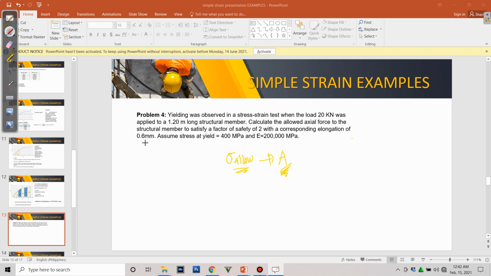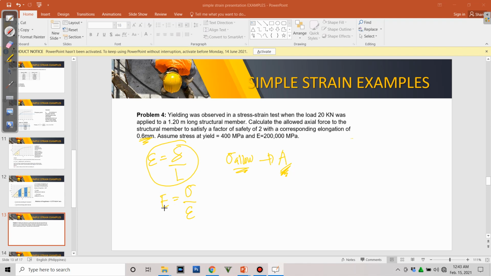After we derive the area, from the elongation of 0.6, what can we get? If we have an elongation, then we refer to the formula of strain. Strain is equal to deformation all over the original length. If we derive this, then we could refer to Hooke's law. Why Hooke's law?